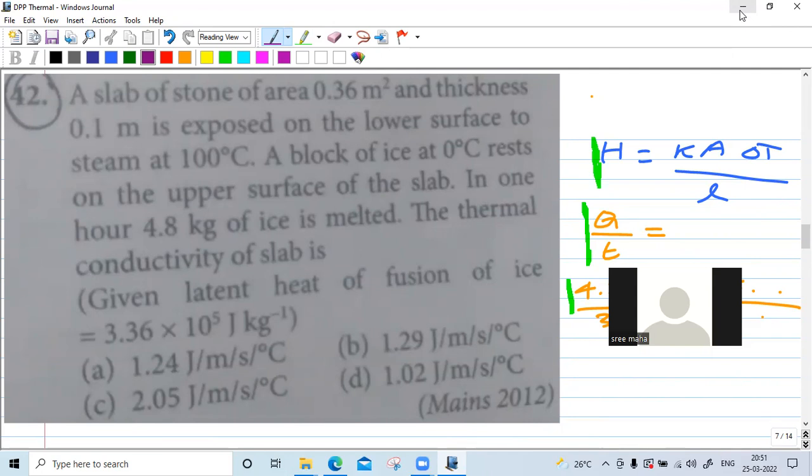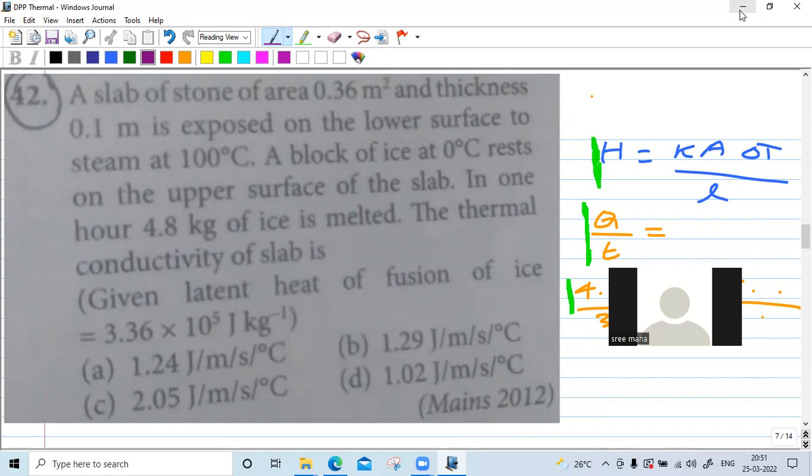And the problems I gave you now. Triple point is not there in the syllabus.